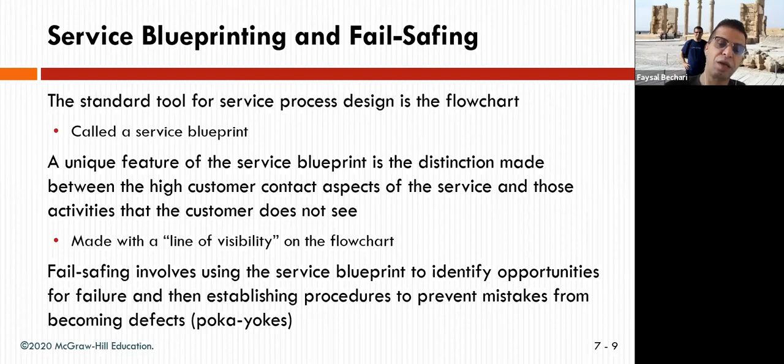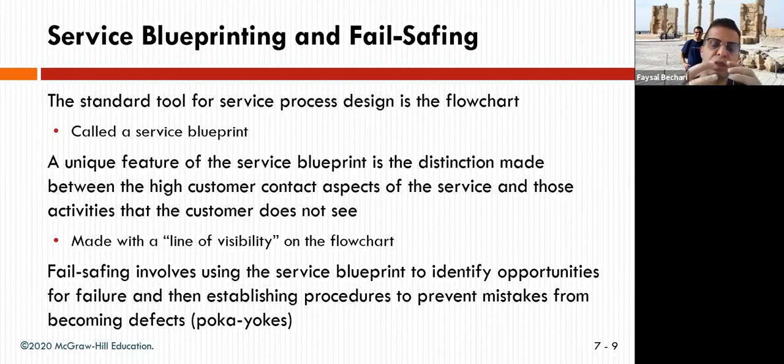So when you do a blueprint, basically you show the service that is provided, but there are so many things happening behind the scenes that you need to connect in that blueprint to see the whole picture of how these things are happening.